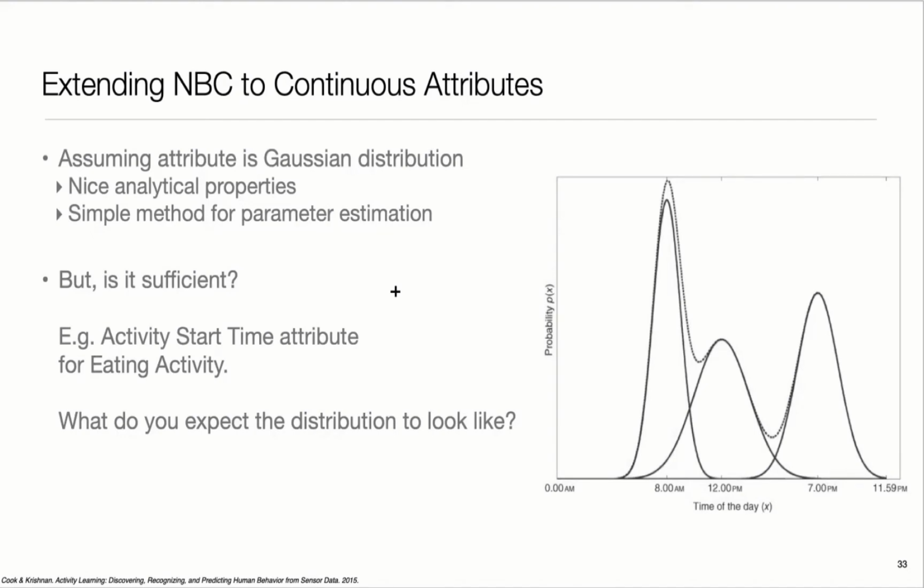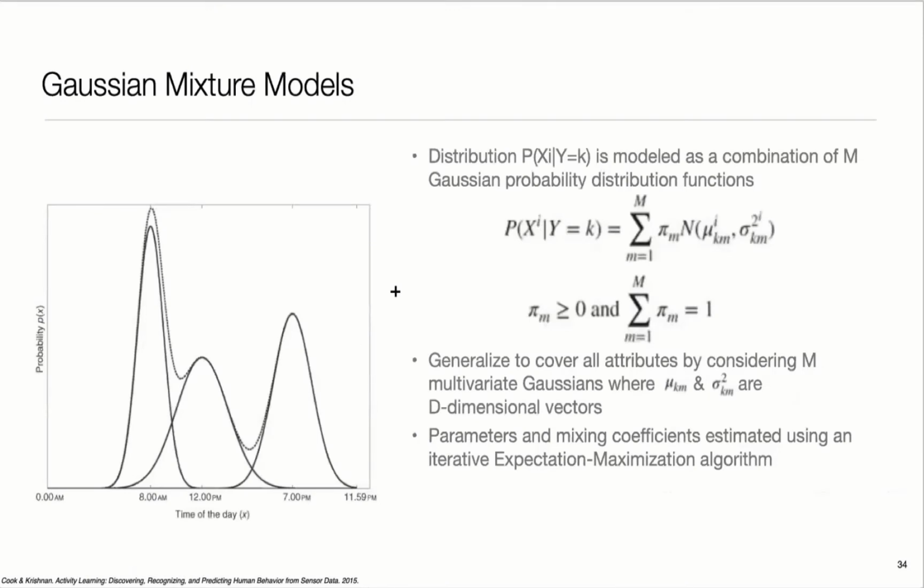So the generalization becomes mixture of Gaussian models. And the idea is that now we say my continuous variable is really a summation of a certain known number of Gaussian variables. So how many Gaussian variables you have is known. So very commonly, you pick some m, and that comes from your domain knowledge, in this example, the fact that typically we have 3 meals a day.